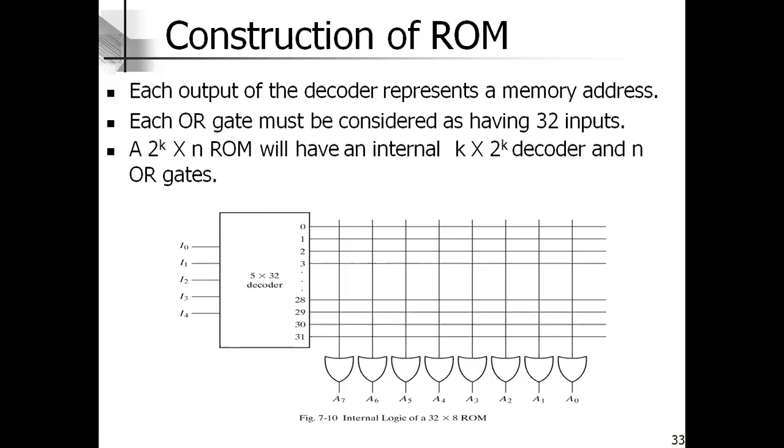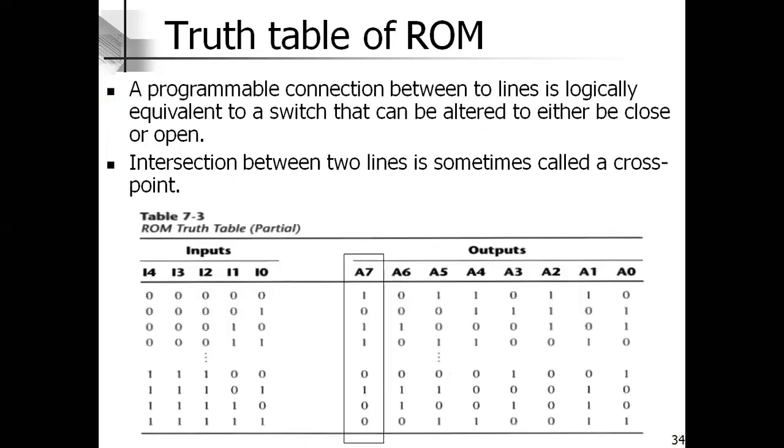If it is 1, the value is connected; if it is 0, the value is not connected in this circuit. See this example. I already told you, the intersection between two lines is sometimes called a cross point.